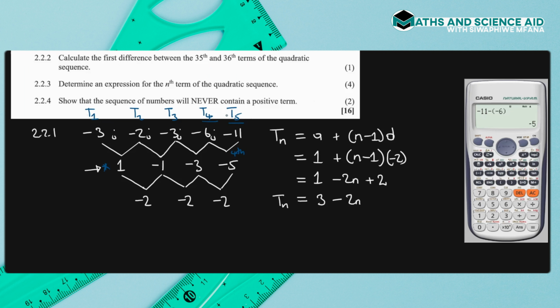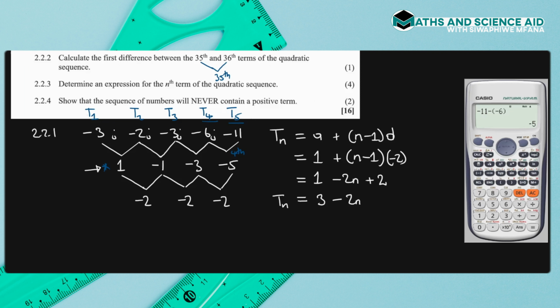So, based on this pattern I have just described, if between the fourth term and the fifth term we get a fourth term in the first differences, then it means that between the 35th and the 36th term, we are going to have the 35th term in the first differences.